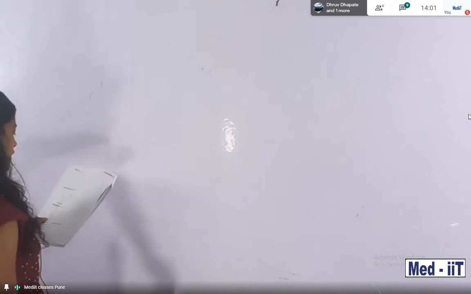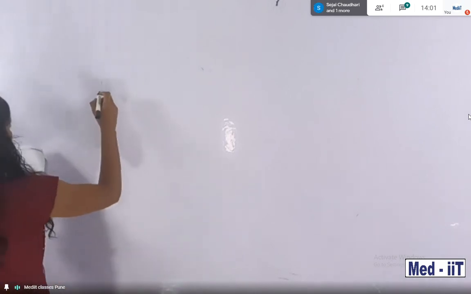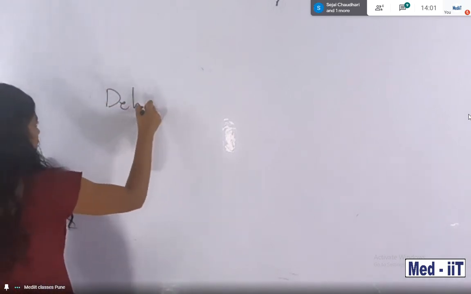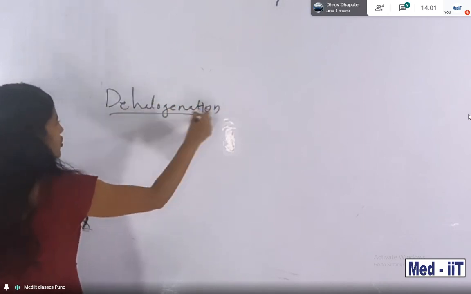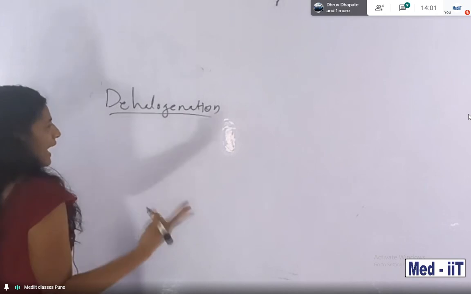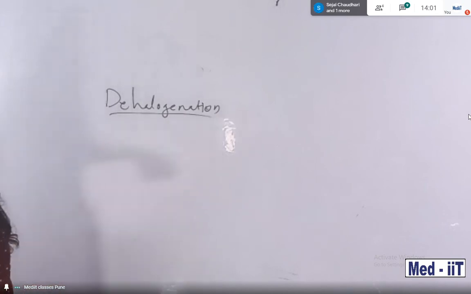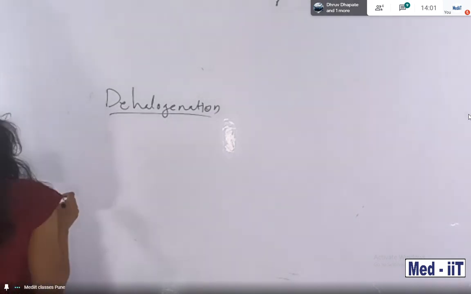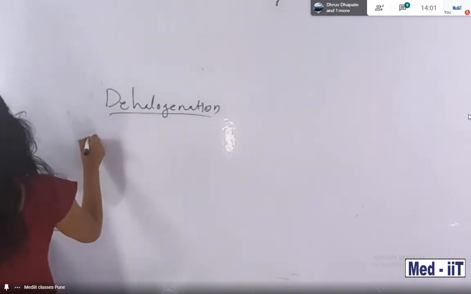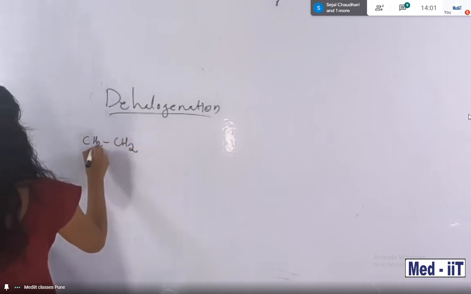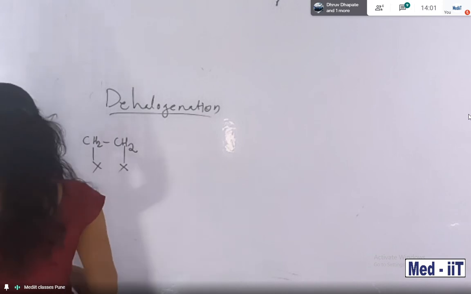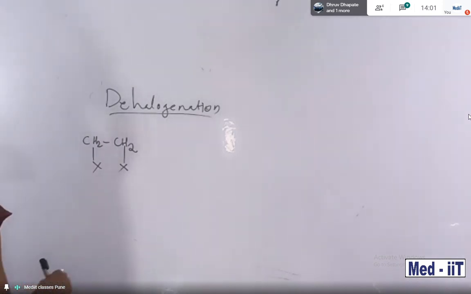So this is called dehydrohalogenation. Then dehalogenation is also there. As the name is familiar, halogen is going to be eliminated. So dehalogenation means halogen is going to be eliminated. With the help of an example, CH2X CH2X in the presence of zinc, for example. What about the product?